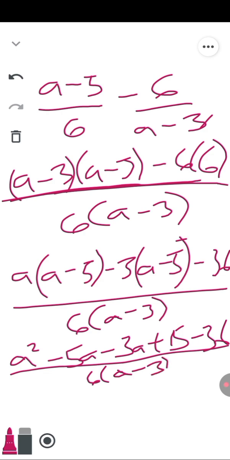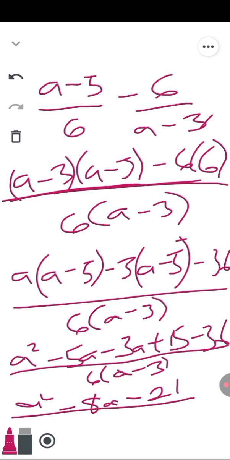So let's simplify it now. That will be a squared. So this and this, right? What is minus 5a minus 3a? That's minus 8a. Okay, what is plus 15 minus 36? That's minus 21.